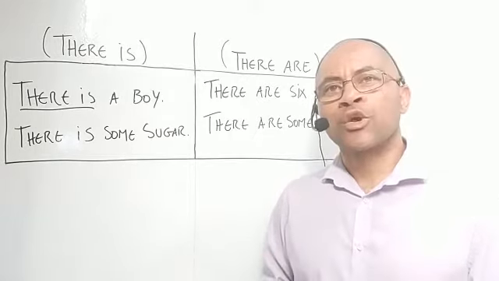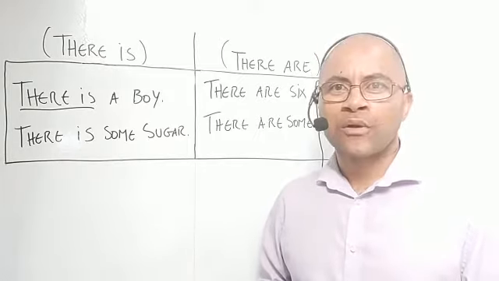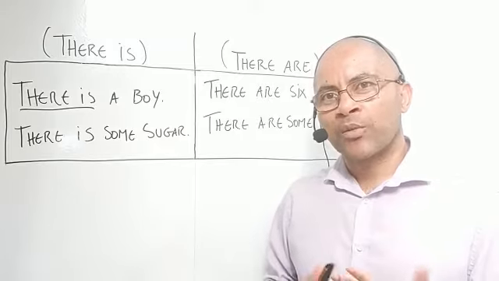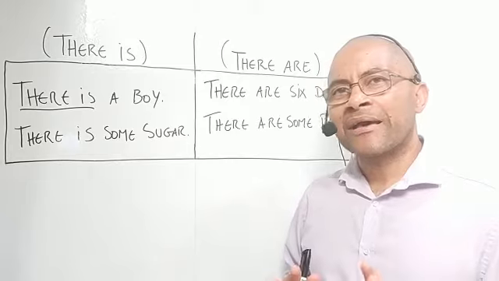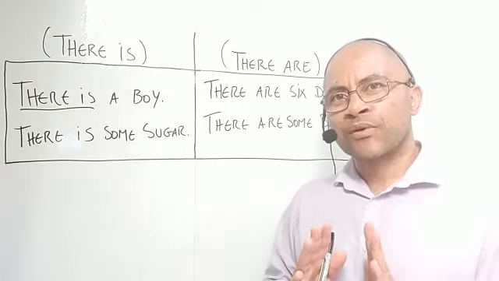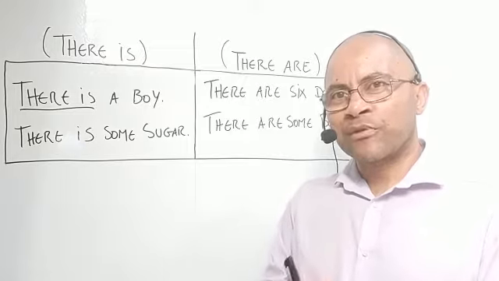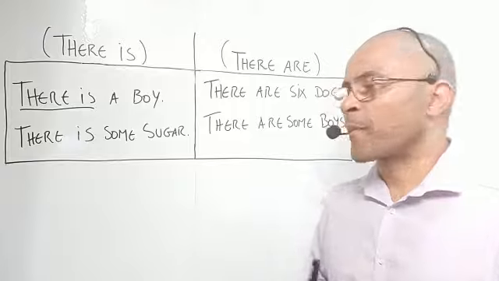In other words, we use there is and there are when something exists. Okay? And then we're going to start with there is. We normally have there is with singular and uncountable nouns. Okay, let us start then.